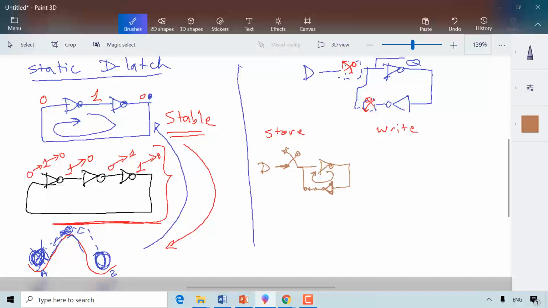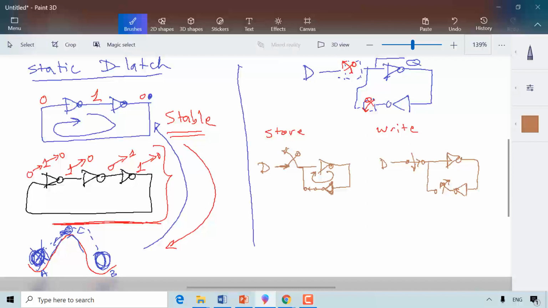Suppose I want to write the data, to change it. Here's the D input. The first switch now closes, and this is my inverter here, and the feedback has to be broken. To break it, I open the switch of the feedback.